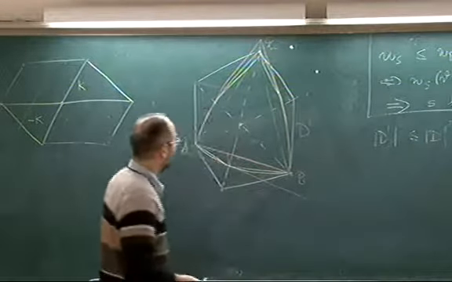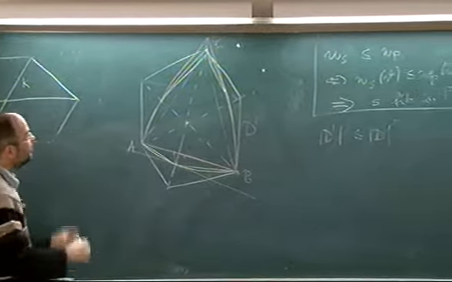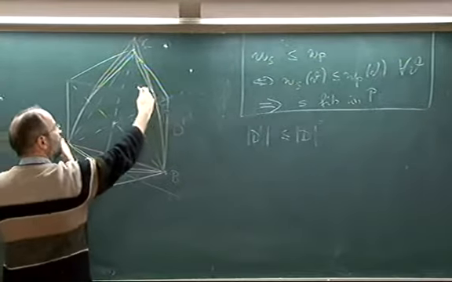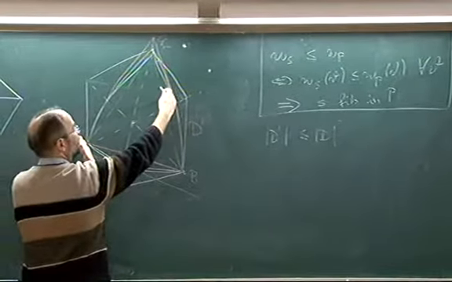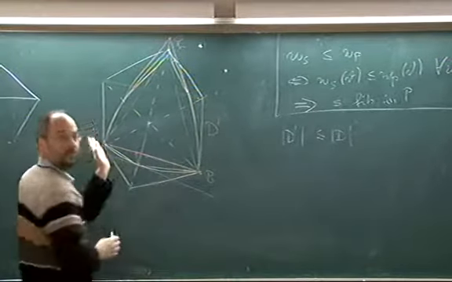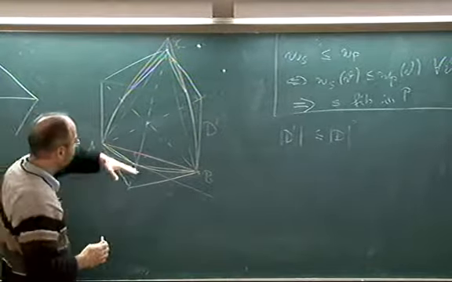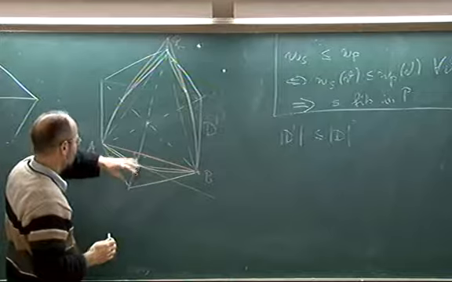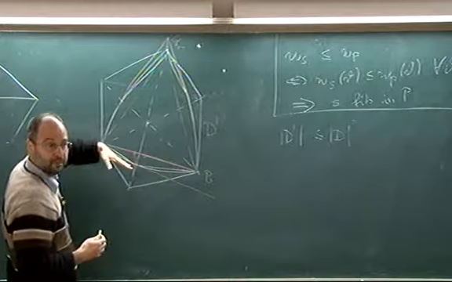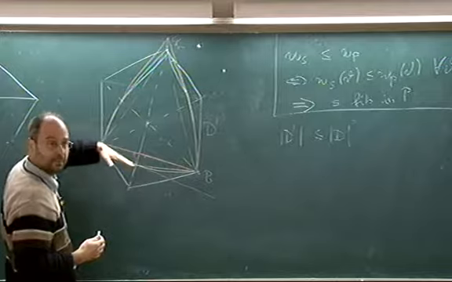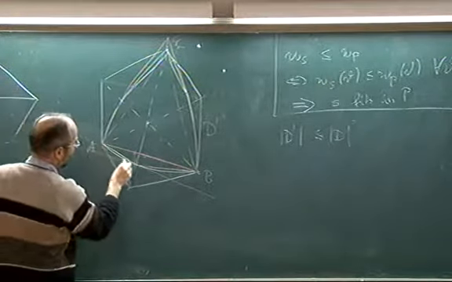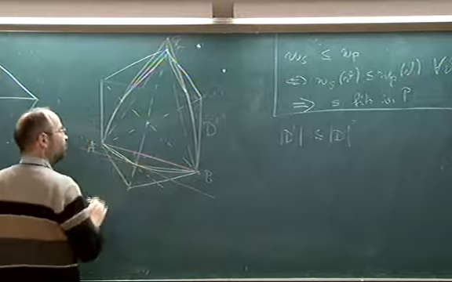Now what about the width function? Well, if you take any two parallel lines tangent to the original D, now we have to check how these parallels have to move when we replace D by D prime. The only problem could be if I'm touching on the bottom here, right? Because that's where I'm losing something. So if you take a tangent like this here, this would move up a little bit.